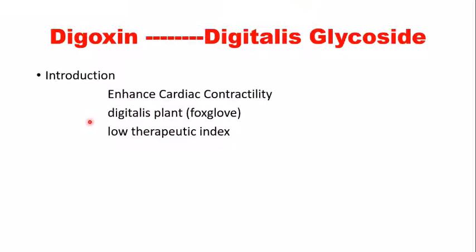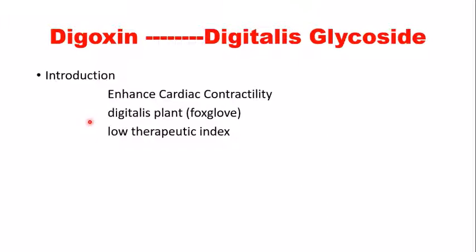They are a group of chemically similar compounds that can increase the contractility of the heart muscles and therefore are used in the treatment of heart failure. The digitalis glycosides have a low therapeutic index, with only a small difference between the therapeutic dose and doses that are toxic or even fatal.